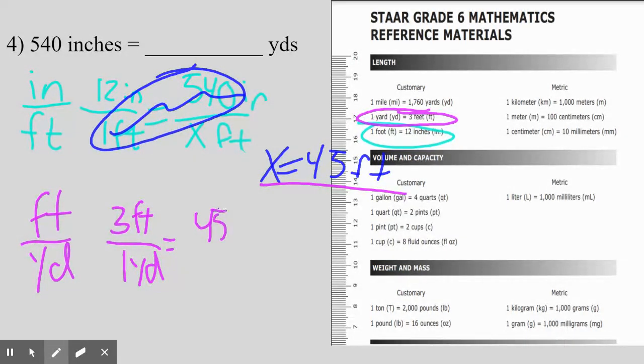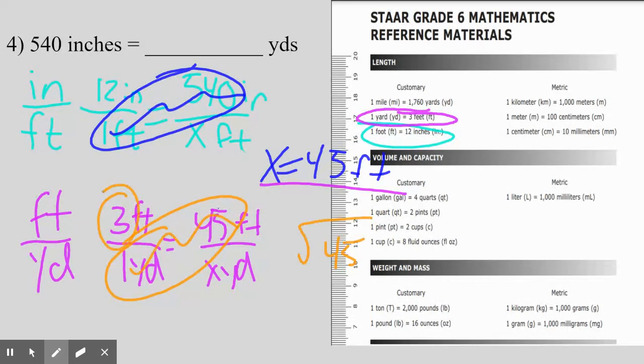So 45 feet over x yards. Now I can cross multiply, which gives me 45. And then divide by what's left over. So that'll be 3. And I'm going to get x equals 15 yards.